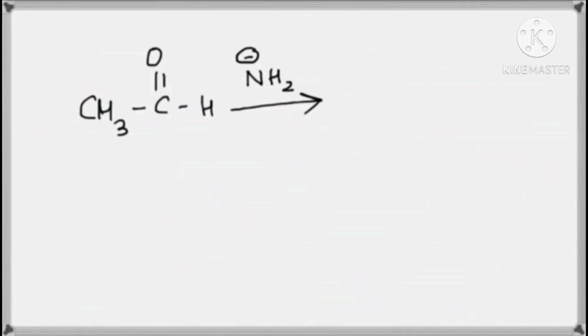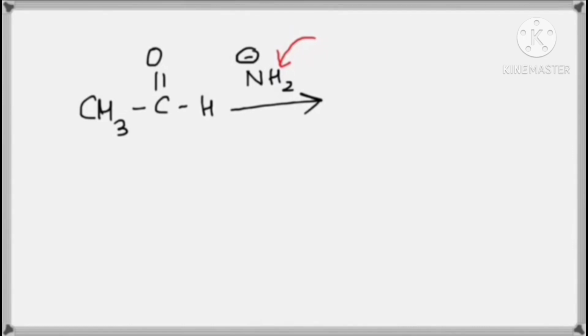Let's take another example. This time we have an aldehyde, CH3 C double bond O H, and we bring a group which is negatively charged, NH2 minus. This is also called an amide group. Now, due to the presence of this external group NH2 minus, the double bond will show an electromeric effect and the electrons will shift.